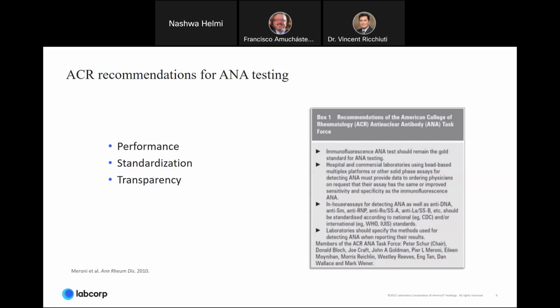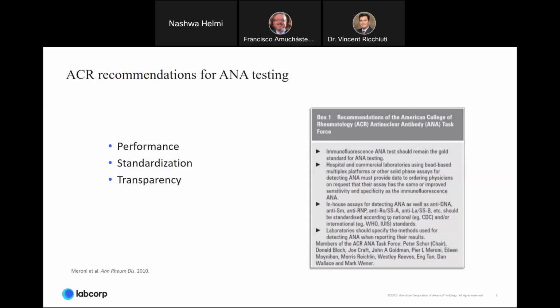A more complicated request was that in-house assays for detecting ANA, as well as anti-DNA and other ENAs such as anti-Smith, RNP, Ro, La, etc., be standardized using CDC or WHO standards. Laboratories should specify the method used for detecting ANA when reporting their results.